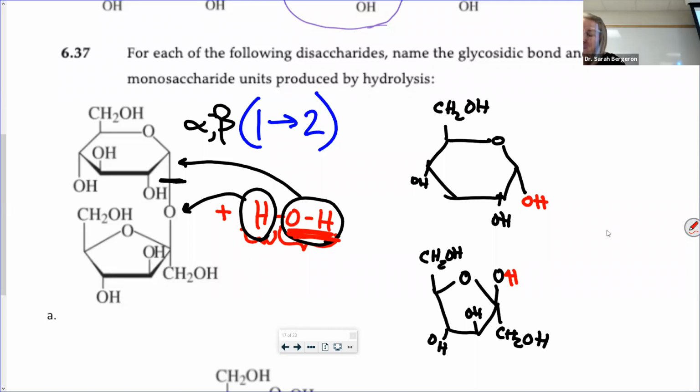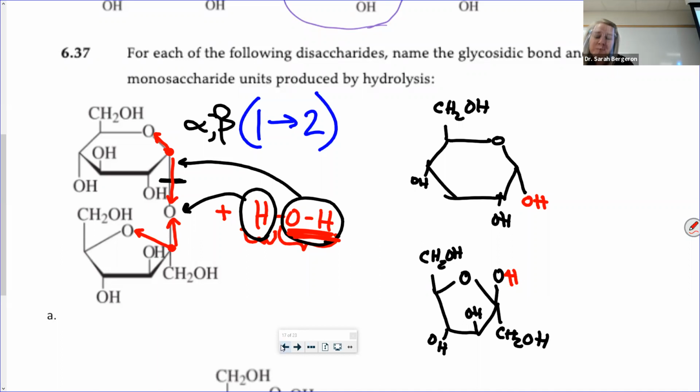How do you know that both are participating? Only one did last time. Okay, so how do you know they're both participating? Well, you have to go in and find your anomeric carbons, right? So when I'm looking for my anomeric carbons, I'm always looking for a carbon that is bound to 2 oxygens. So here, 2 oxygens.